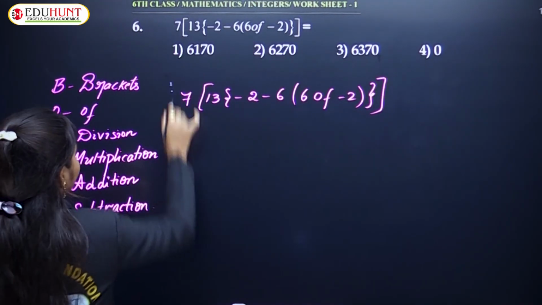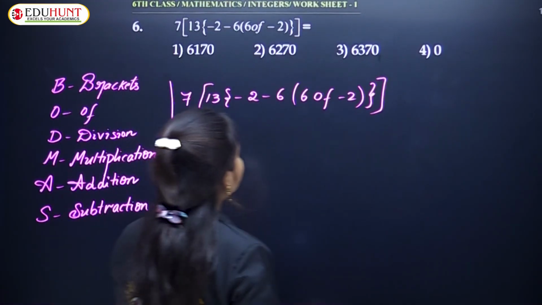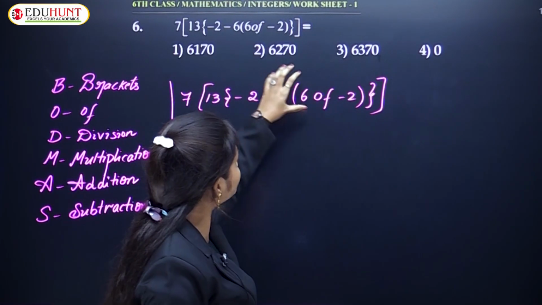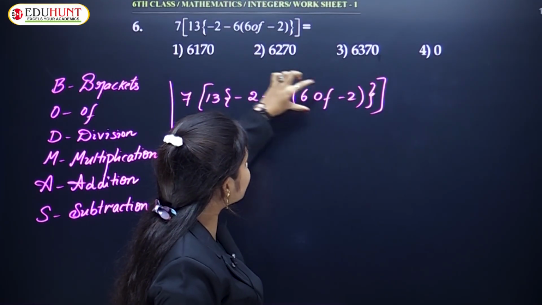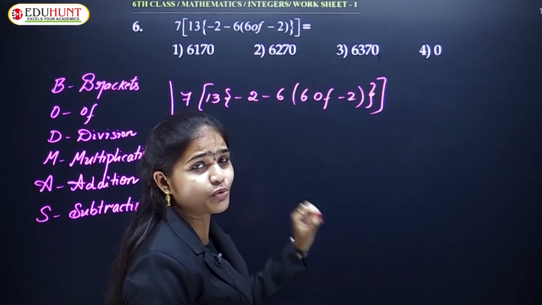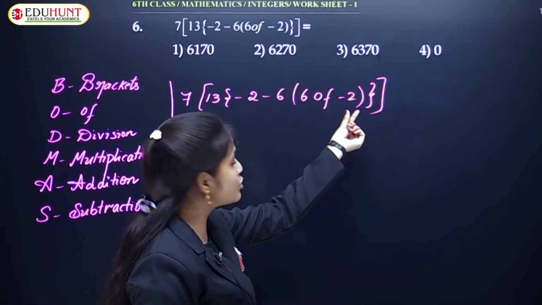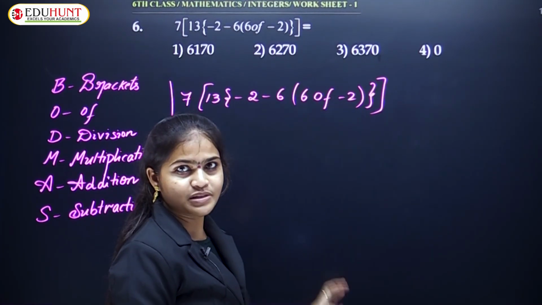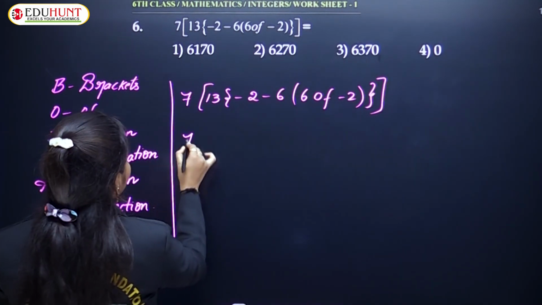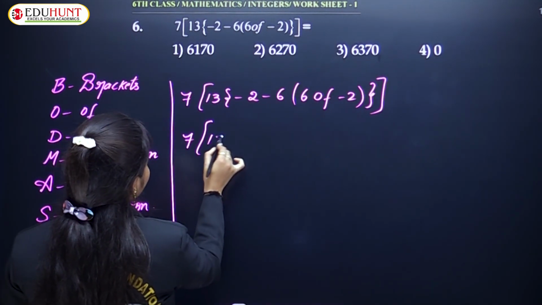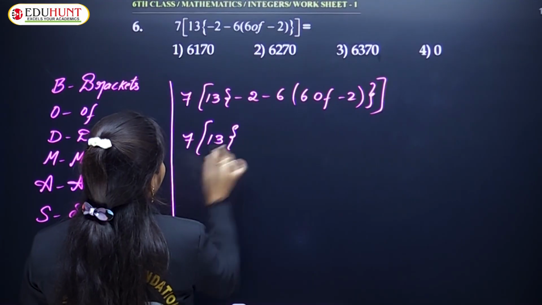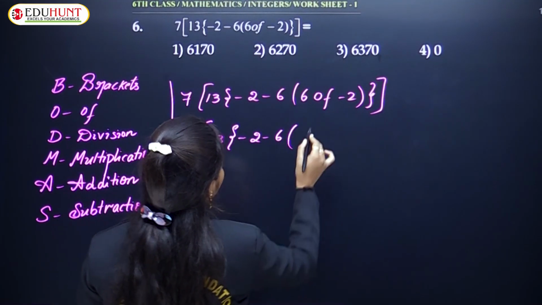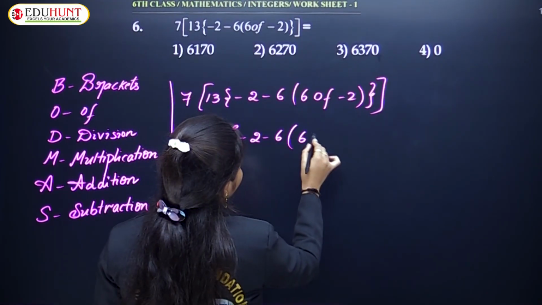Okay, let us see here. First, what numbers are there inside the brackets? Looking at the total question, inside the brackets we have the operation 6 of minus 2. So first we have to perform that. We can write this as 7 into brackets of 13 minus brackets of minus 2 minus 6 of 6 into minus 2.